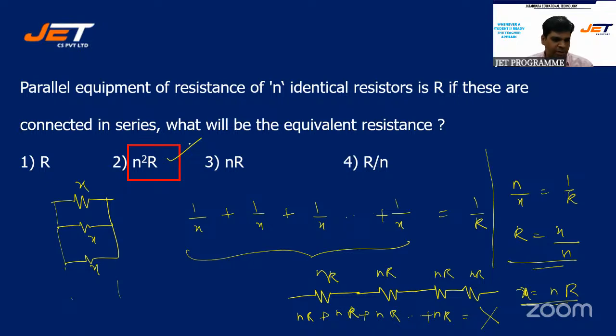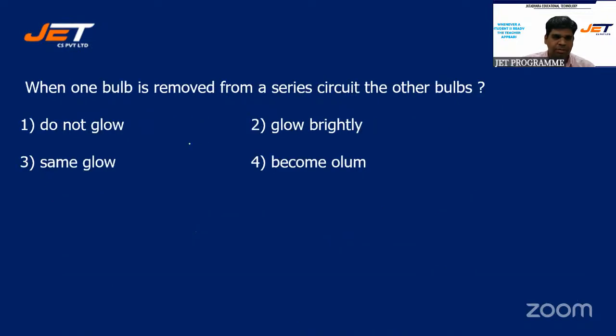All right. Okay, let's go for the next one. When one bulb is removed from a series circuit, the other bulbs do not glow, glow brightly, or glow the same. What happens if one bulb is removed?